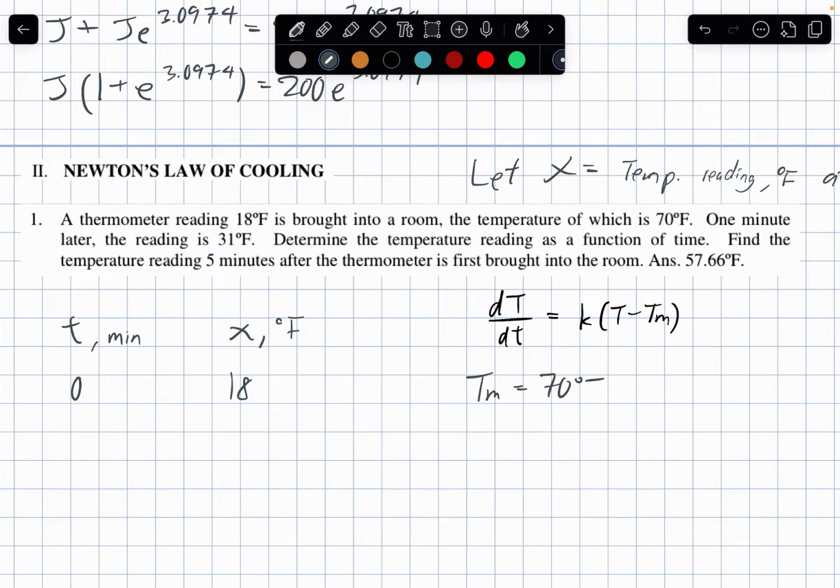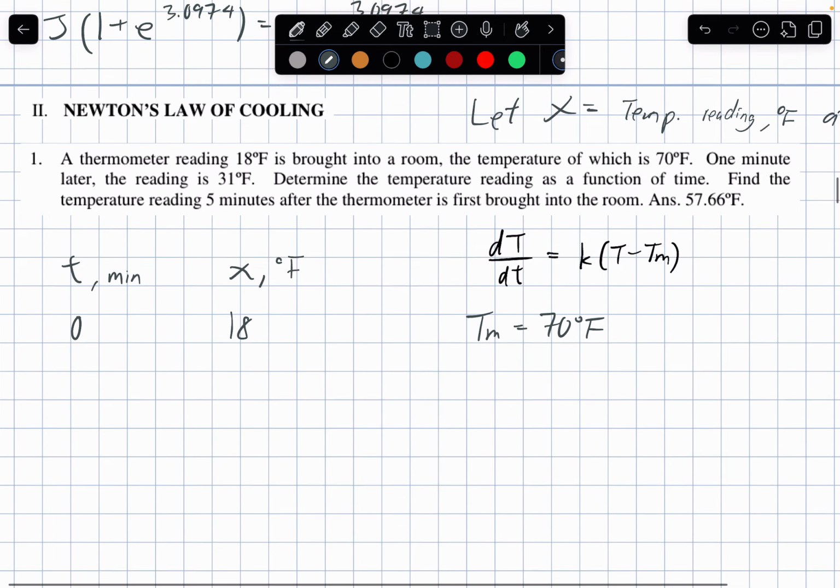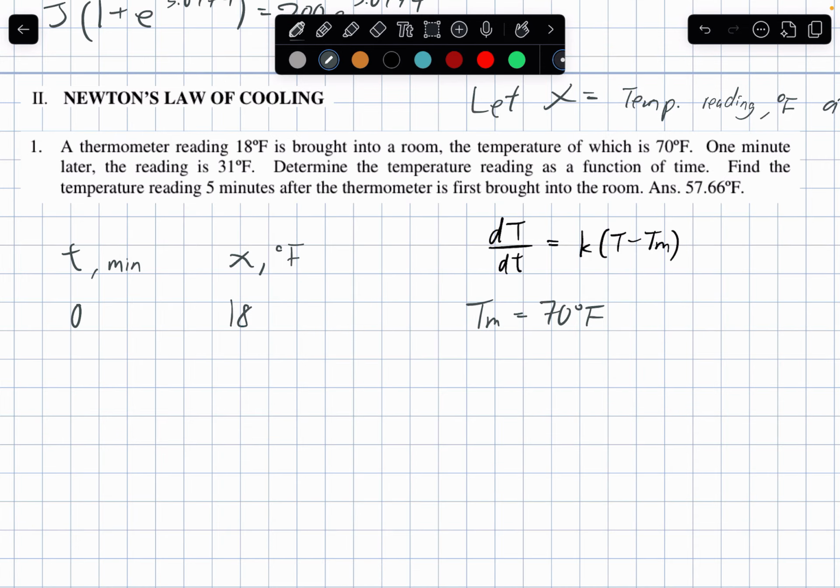So, right now we are given its value. Later on, we will find problems wherein we have to look for T sub m. Some problems are the other way around, if you think about it. Okay, 1 minute later, the reading is 31 degrees Fahrenheit. 1 minute later, so t is 1. Determine the temperature reading. Okay, required.